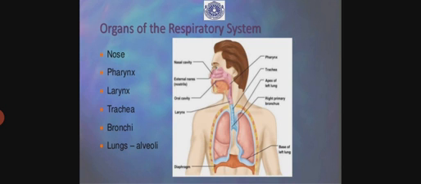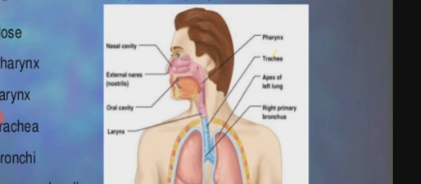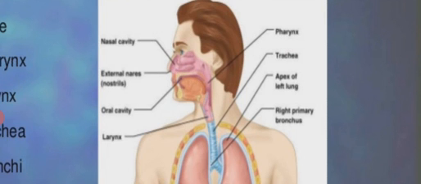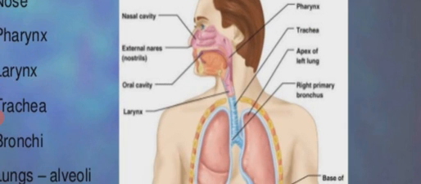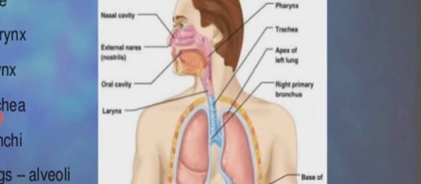As you observe in this slide, the human respiratory system starts with the nose, the external visible part, and that leads to the pharynx, and the pharynx leads to the larynx, that is the voice box, and the larynx leads to a tube called the windpipe, or technically known as the trachea, and after that leads to the bronchus, and the bronchus divides into two, that is the right bronchus and the left bronchus.